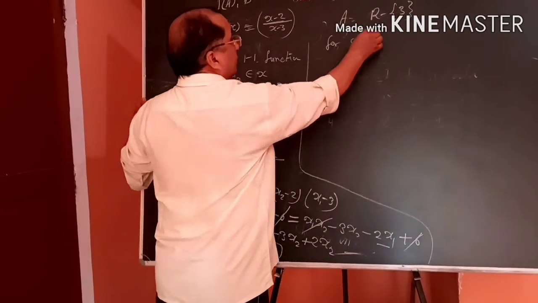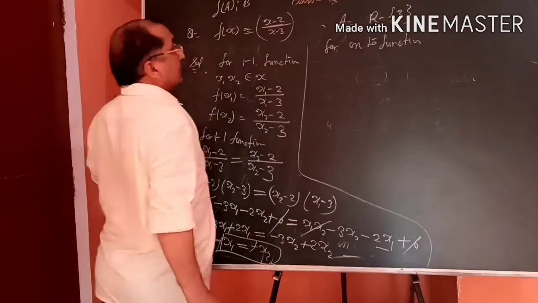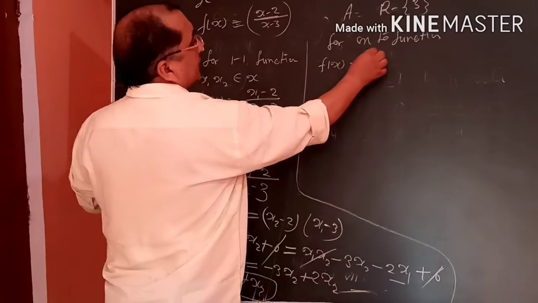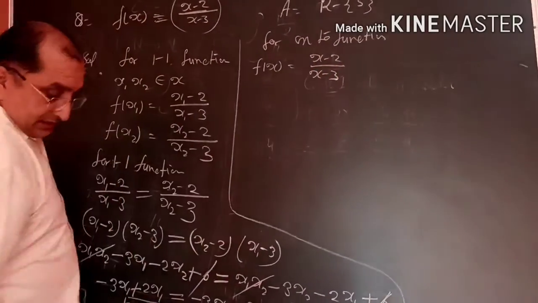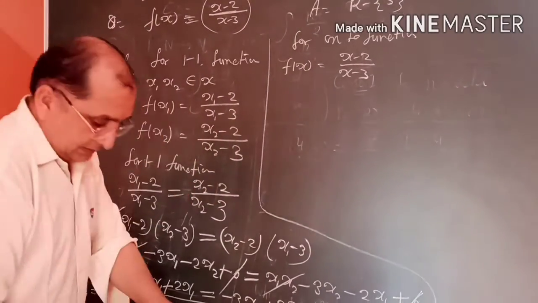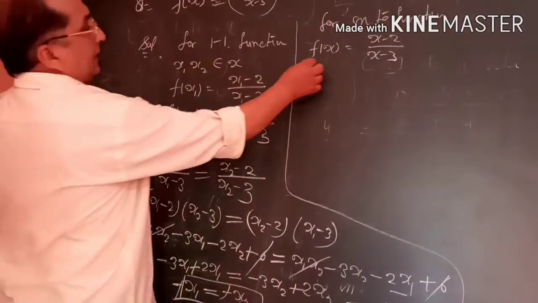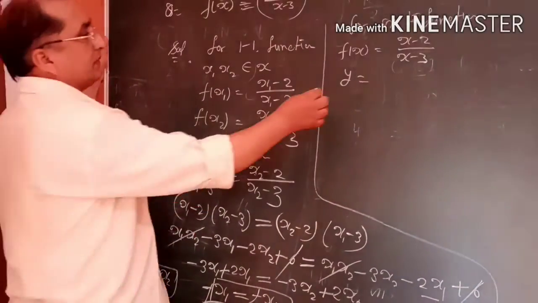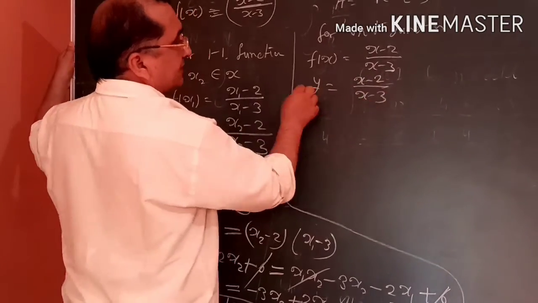For the onto function, f of x equal to x minus 2 upon x minus 3 can be taken as y equal to x minus 2 upon x minus 3.